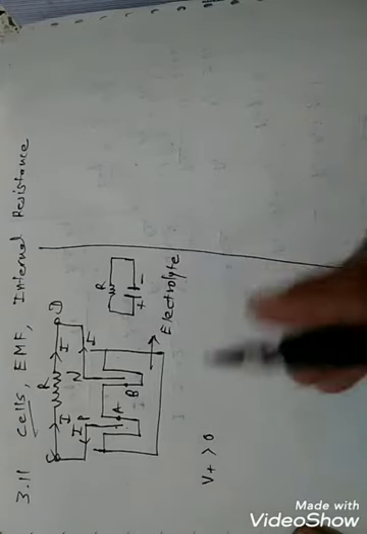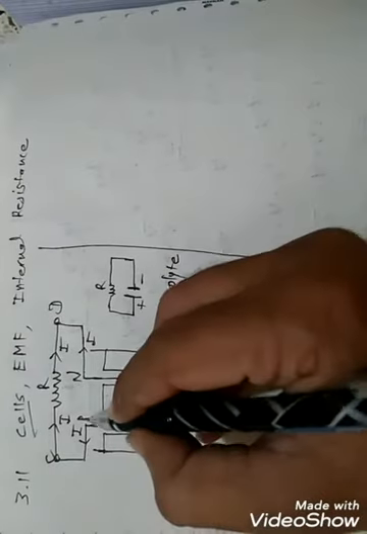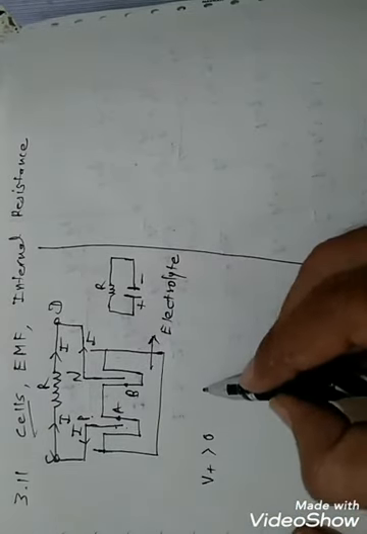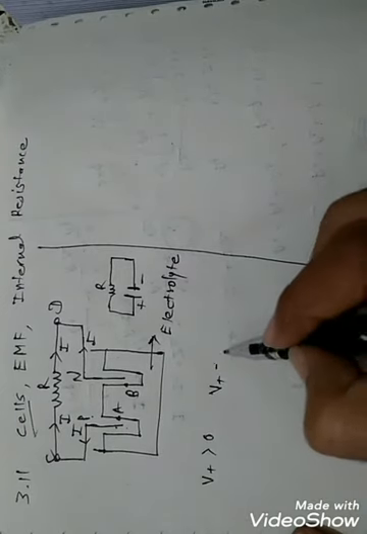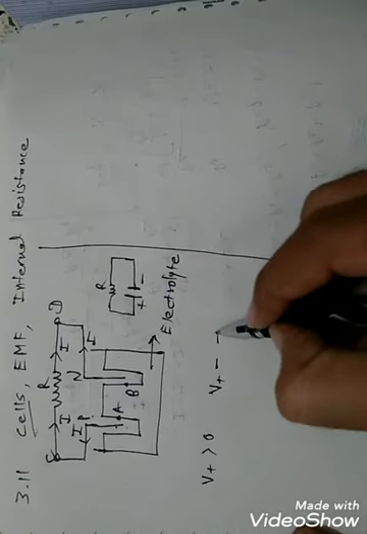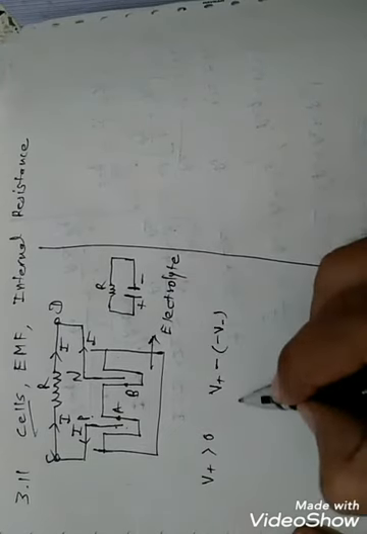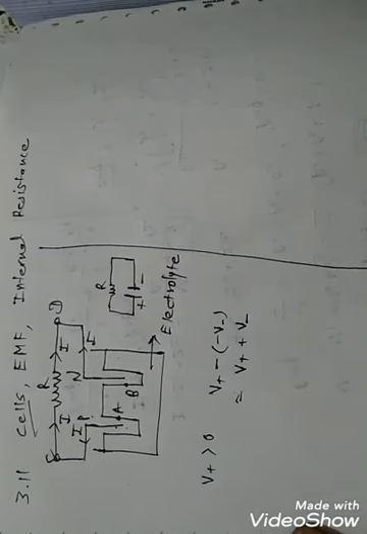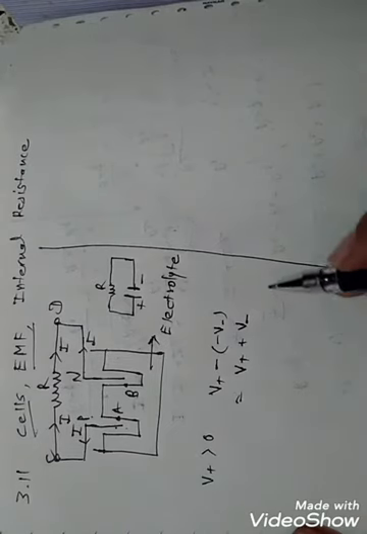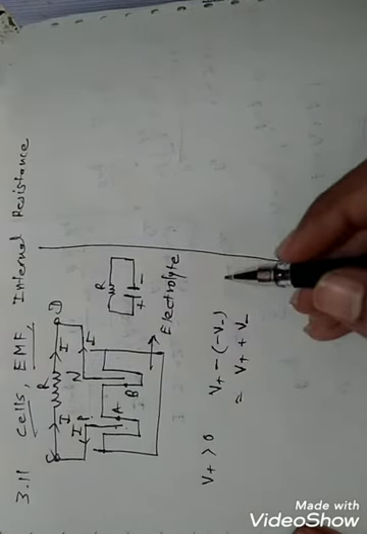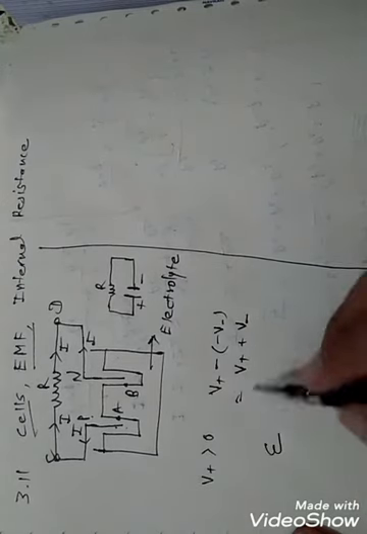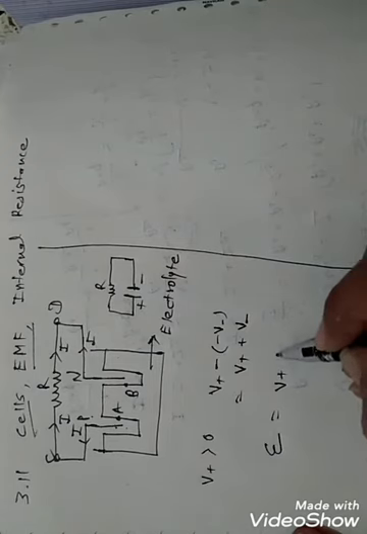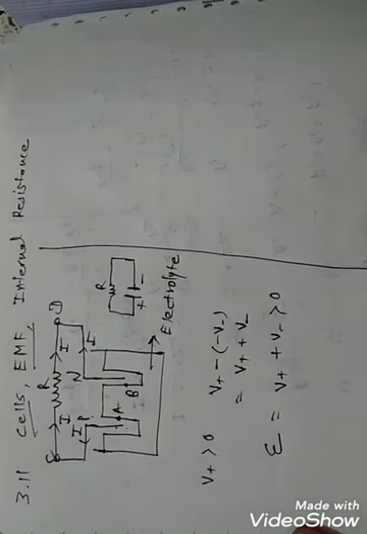So the potential difference between P and N is V plus minus V minus. This difference is called the electromotive force, or EMF, of the cell, and it is denoted by the symbol E. So E is equal to V plus minus V minus, greater than 0.